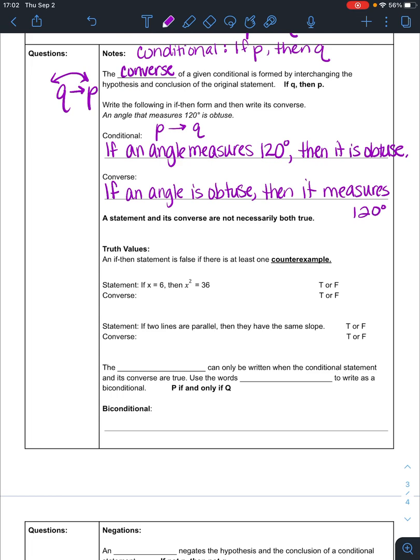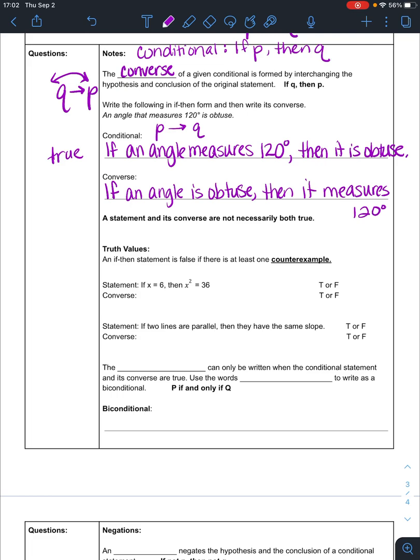Now, in this case, if an angle measures 120 degrees, then it's obtuse. That is a true statement. Then the converse says if an angle is obtuse, then it measures 120 degrees. The way we read this is that the hypothesis is true. It is happening. So the question is, is the conclusion true?